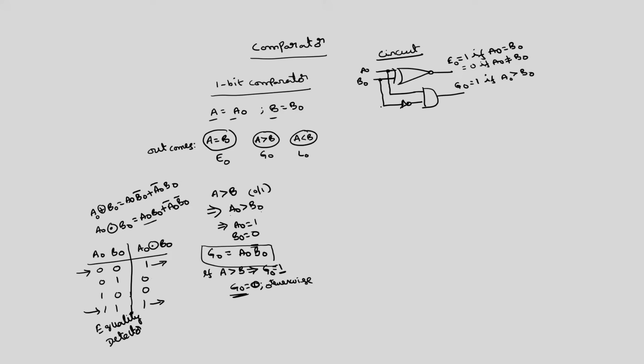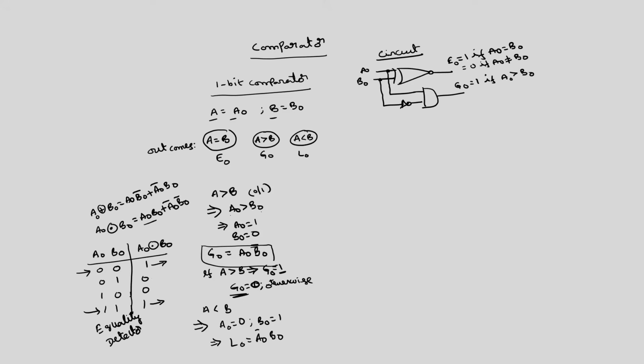Similarly, you can obtain the less than: A is less than B implies A0 is 0, B0 is equal to 1. So for the less than operation, L0 is nothing but A0 bar B0.